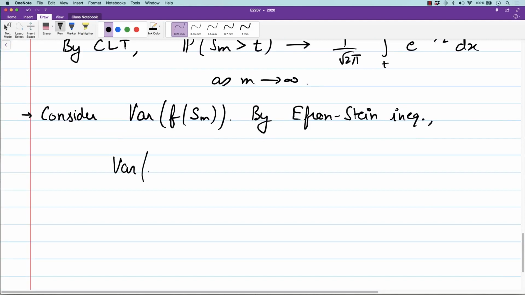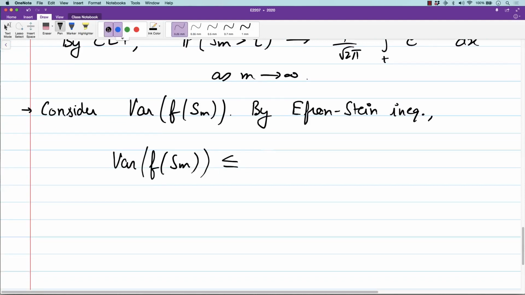The variance of f of Sm is less than or equal to the sum over j equal to 1 to m. Now we are thinking of epsilon 1 to epsilon m as different independent random variables, so we are applying Efron-Stein in a very different way than what we did before.